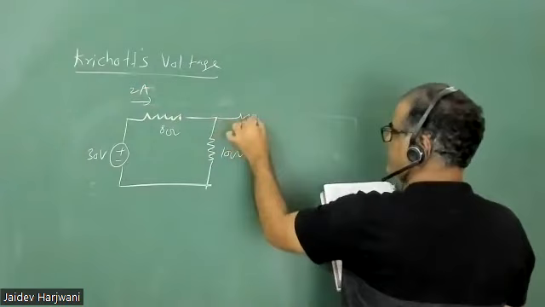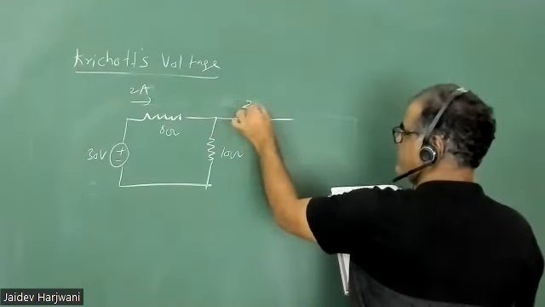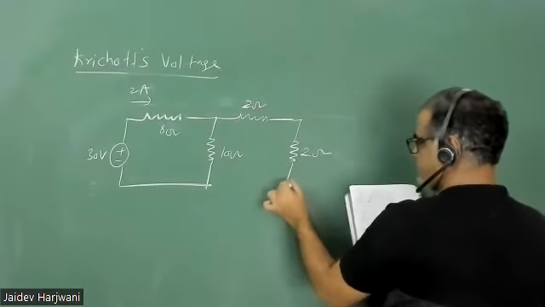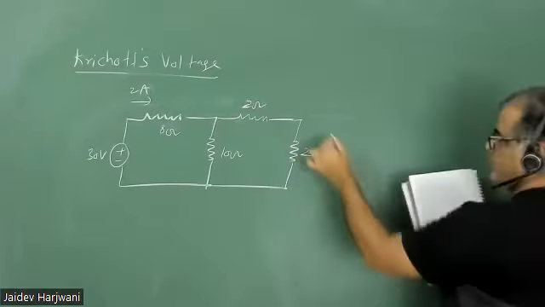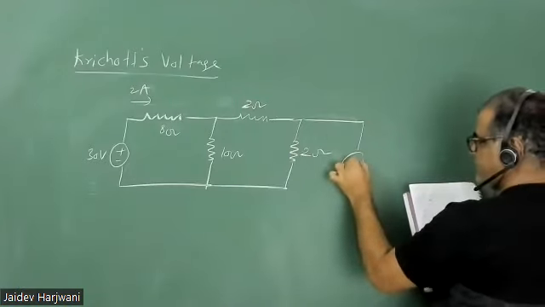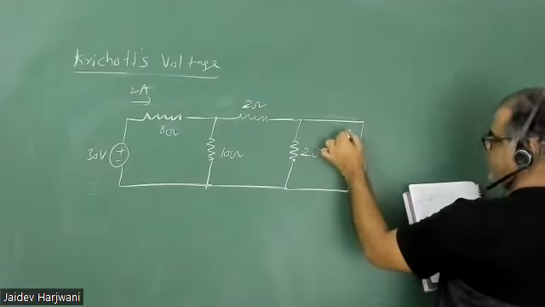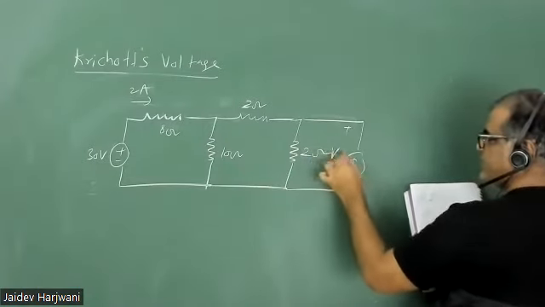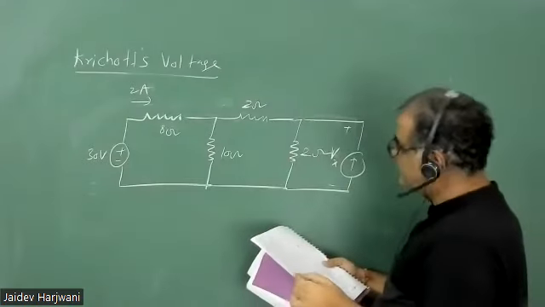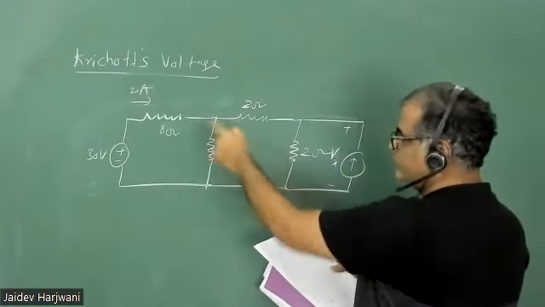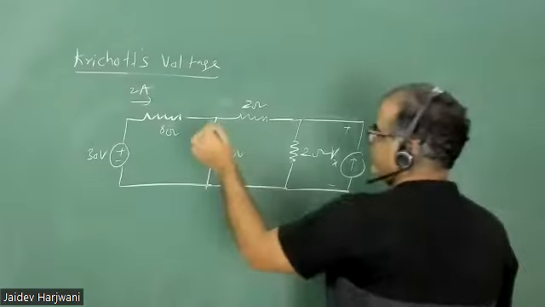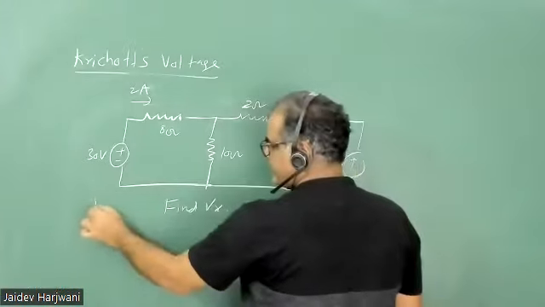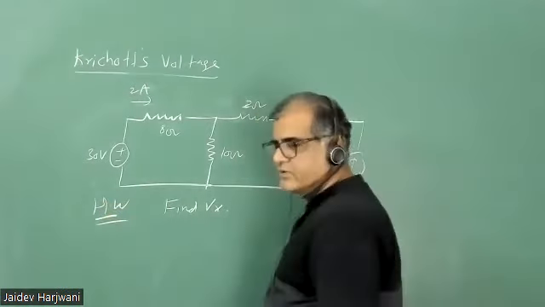Okay, and this is a resistance of 2 ohm, and this is a resistance of 2 ohm. Okay, here again the same current source is there. And you need to find this Vx. What is the voltage across this current source? So 10 to 8. This is your homework. Okay, find Vx. Note down this problem and send me the solution.